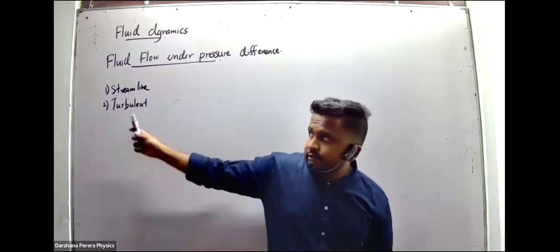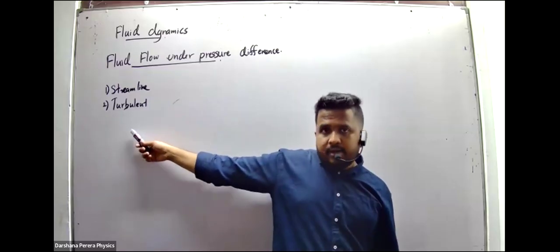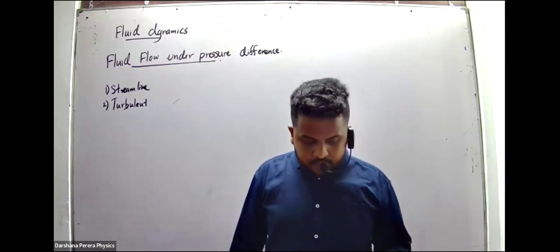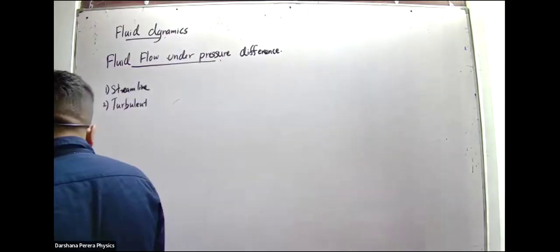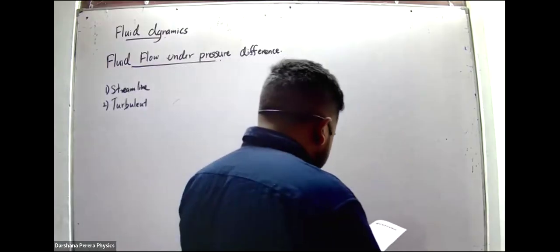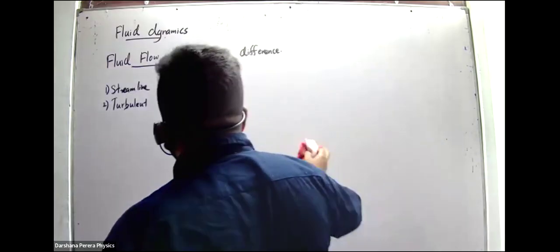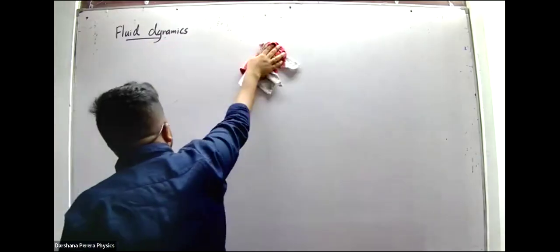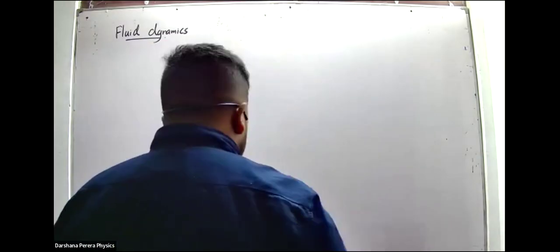Write down: first one streamline flow, second one turbulent flow. Let's discuss separately. Number one, streamline flow.